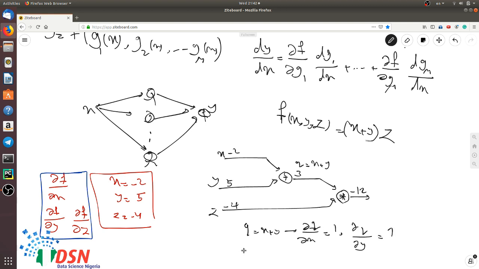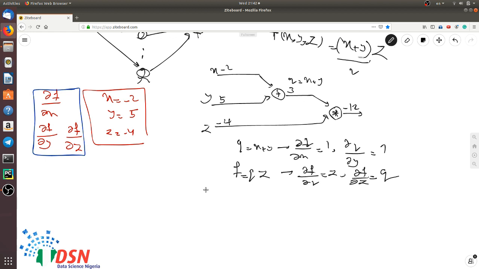Okay, and we know that f, which is the output, is q times z. So the derivative of f with respect to q is z, and the derivative of f with respect to z is q.